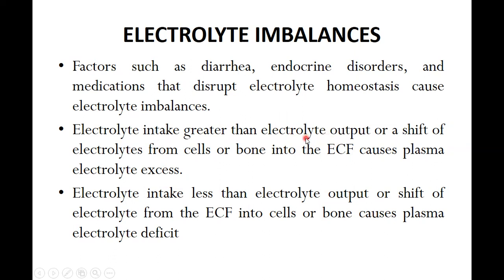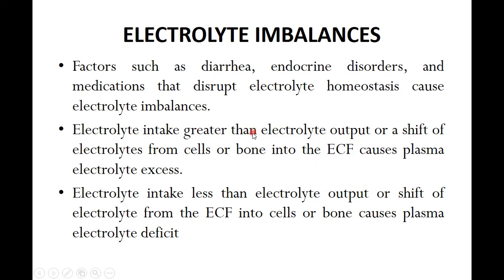Remember, electrolytes are taken through the foods that we eat, through the fluids that we drink, the water, okay? They contain electrolytes. Now, if we take in too much electrolytes compared to how much the kidneys are expelling, then we end up with an electrolyte imbalance.